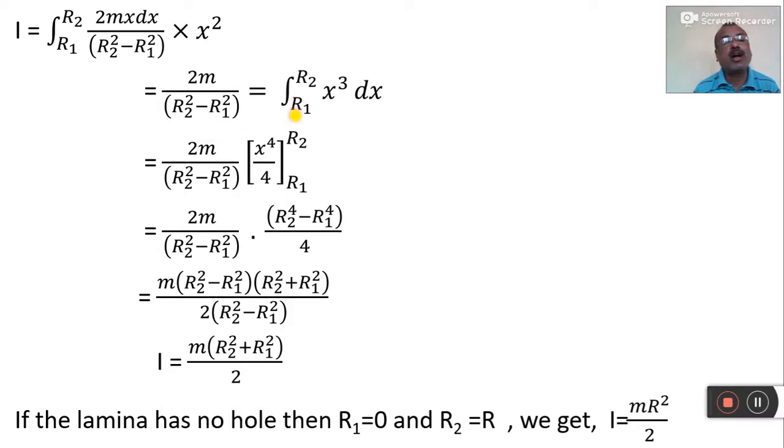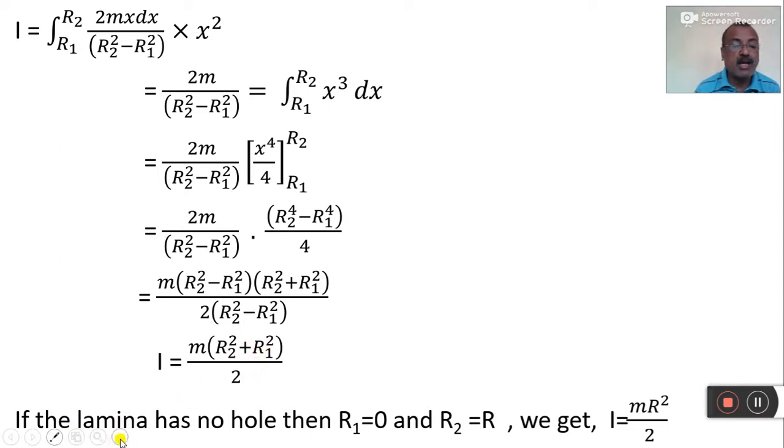The integration from R1 to R2 of x cubed dx, because we have x here and x squared here, gives x to the power of 4 divided by 4. So 2m divided by R2 squared minus R1 squared, x to the power of 4 divided by 4, from R1 to R2, and finally we can write I is equal to m into R2 squared plus R1 squared divided by 2.